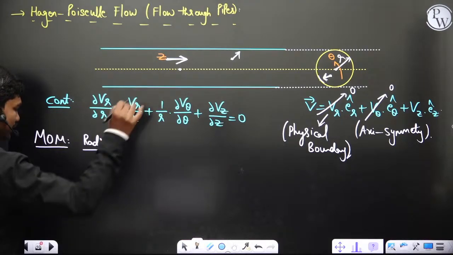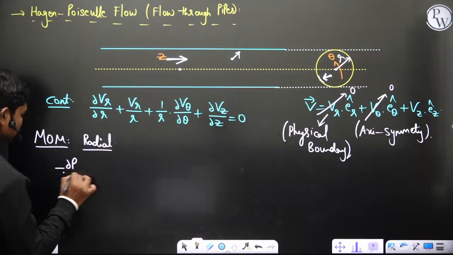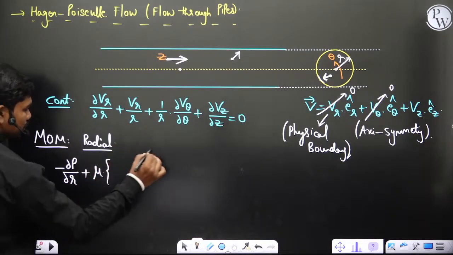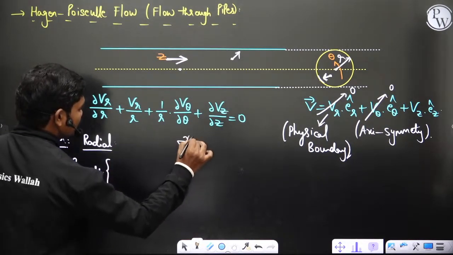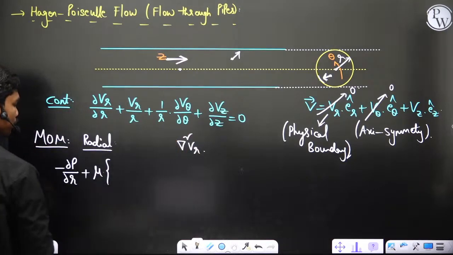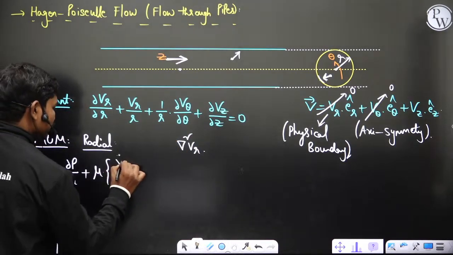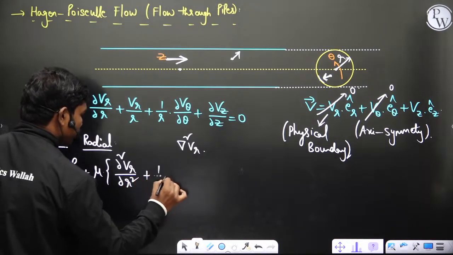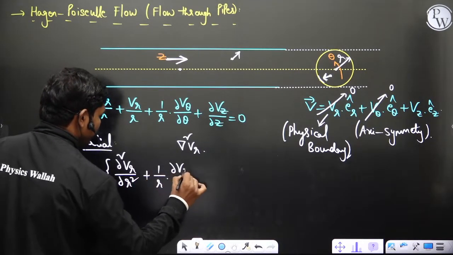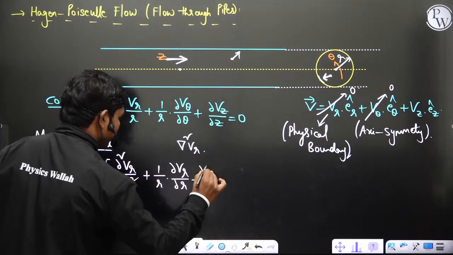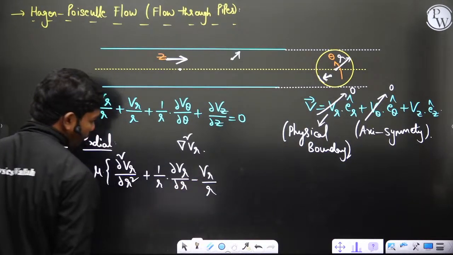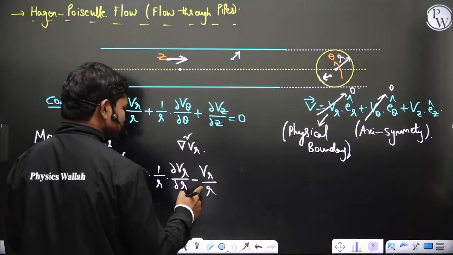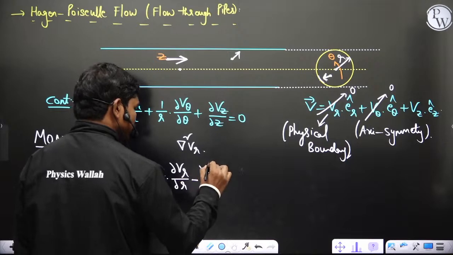So neglecting body force, since gravity is not in the picture: minus dou p by dou r plus mu into del square Vr. What is this del square Vr in the radial component? Let us see: dou square Vr by dou r square plus 1 by r dou Vr by dou r minus Vr by r square.